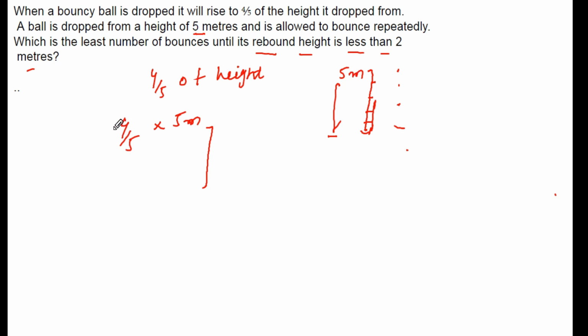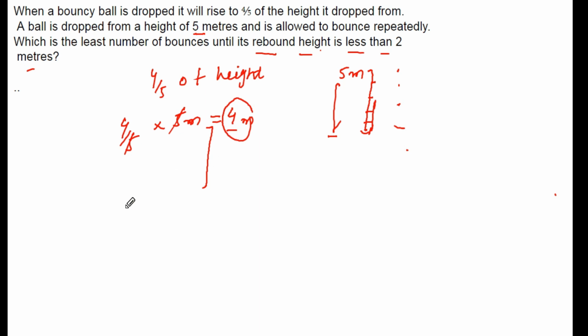We need to find the heights until we get a number which is less than 2. How can we do this? I tell you. 4 by 5 times 5, this 5 will be cancelled out. So the first bounce is from 4 meter.